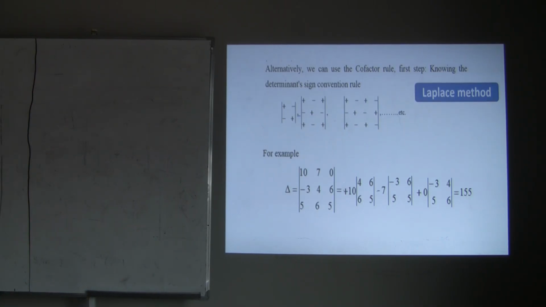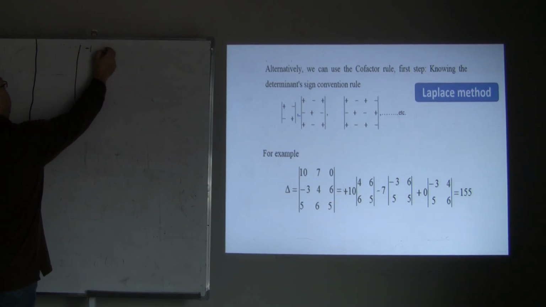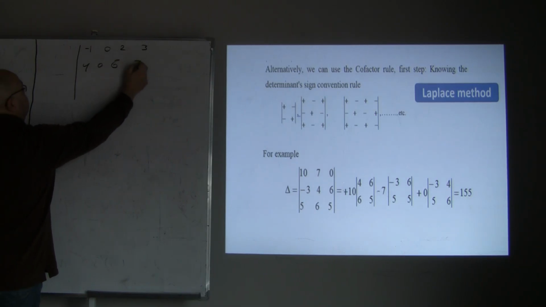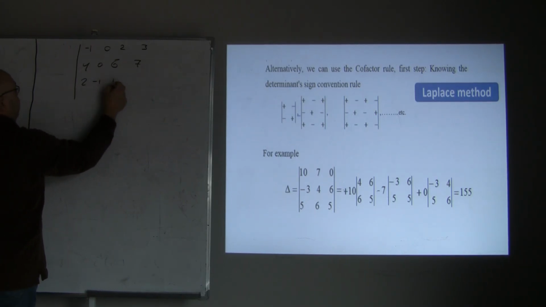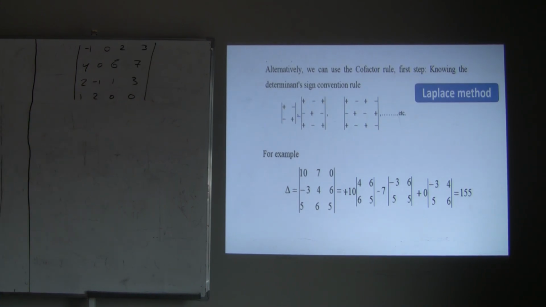Let's take any numbers. Help me out with any numbers. So let's start: negative 1, 0, 2, and 3, 4, 0, 6, and 7, 2, negative 1, 1, 3, 1, 2, 0, 0. Let's say. That's a 4 by 4 determinant. Okay. There is no other way. You will have to choose the Laplace method.